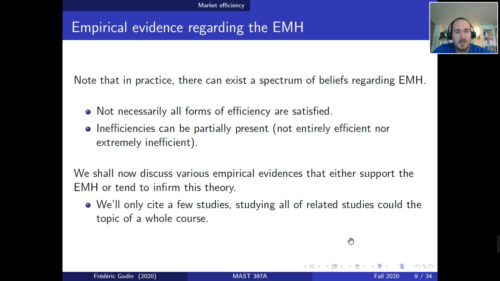This is only part of a chapter in the current course, so we'll only cite a few just to give you examples of analyses that were made with respect to this hypothesis. But in practice, much more was done. If you're interested, there are tons of references about the topic.